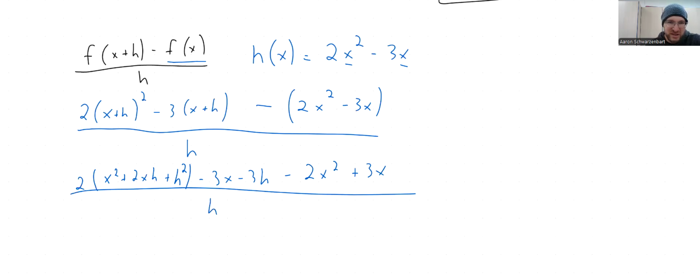Well, I want to save a little writing. Minus 3x and plus 3x are going to cancel, so now I can get rid of that. Now it's time to distribute the 2.